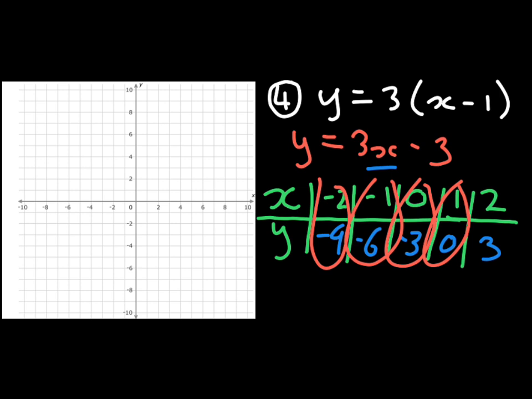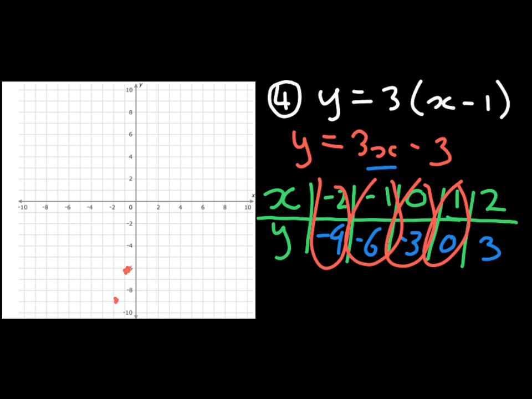So first up we have x equals -2 and y equals -9, and that will be over there. Right, next we have -1 and -6, and that will be over there, because that is where x is equal to -1 and y is equal to -6.